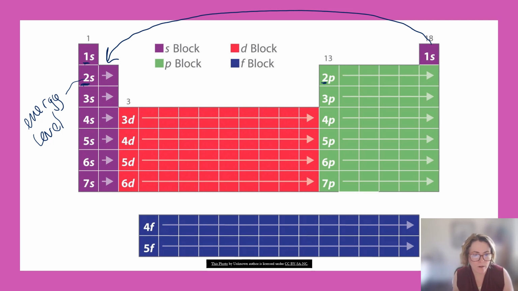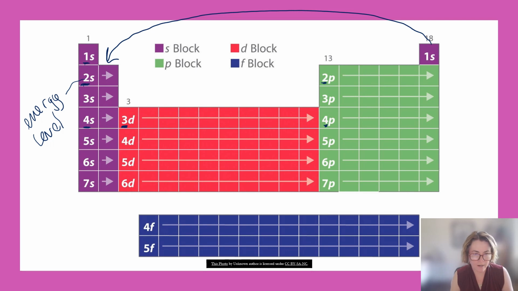One thing I want to point out that is a little bit odd: if we go down to period 4, you'll notice that here we deal with 4S, and then we go to 3D, and then we go to 4P.